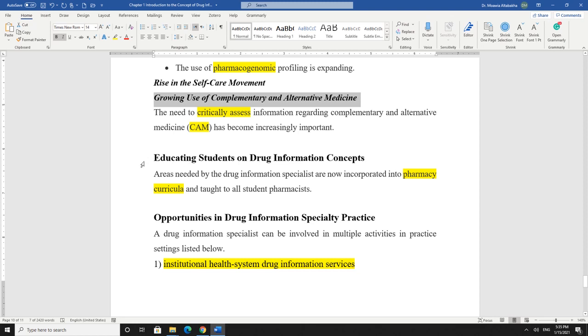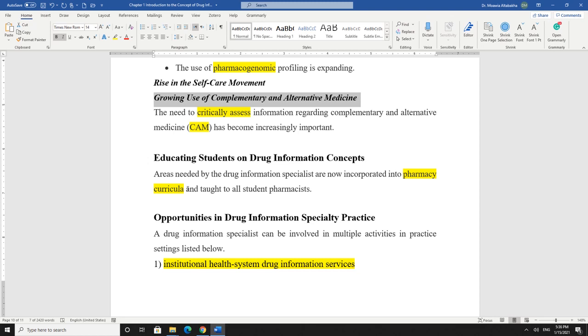Also, as I said previously, you need to educate students on drug information concepts. And it has been asked, in the USA, that pharmacy curricula must include drug information.